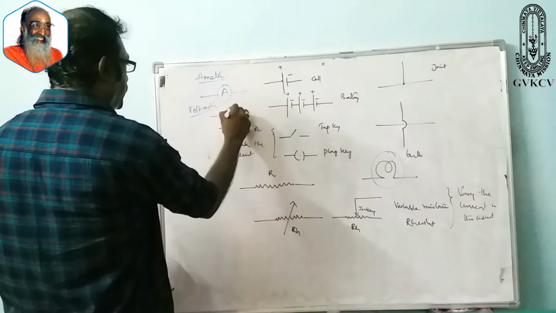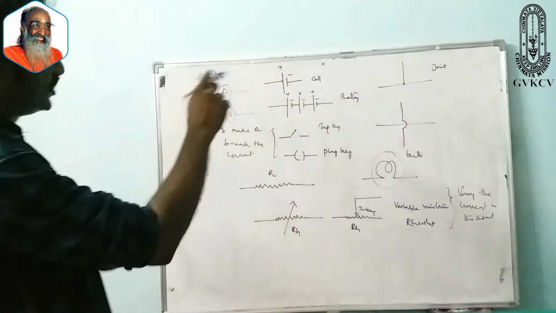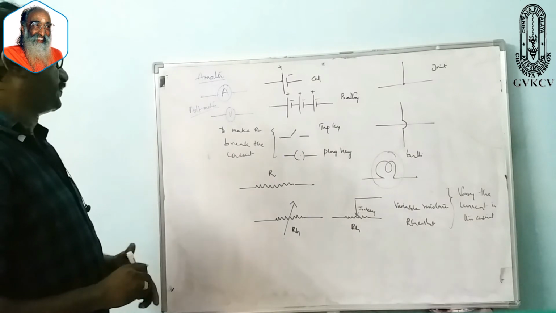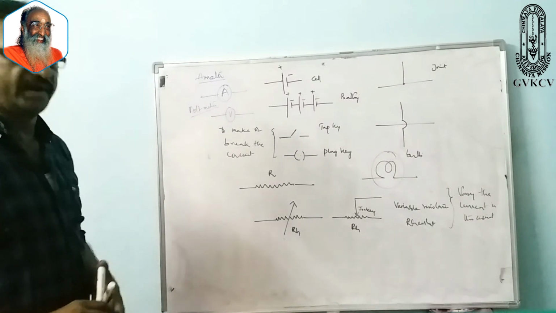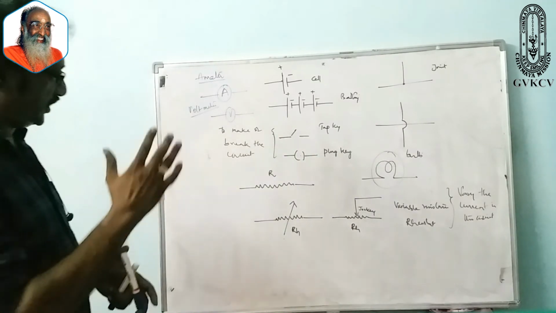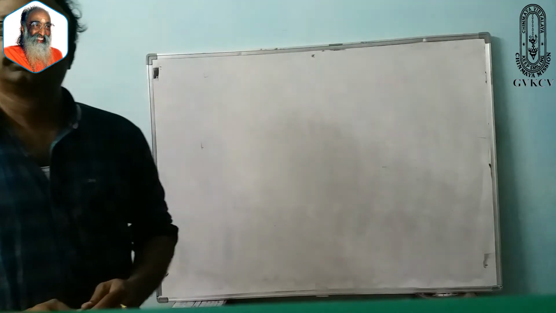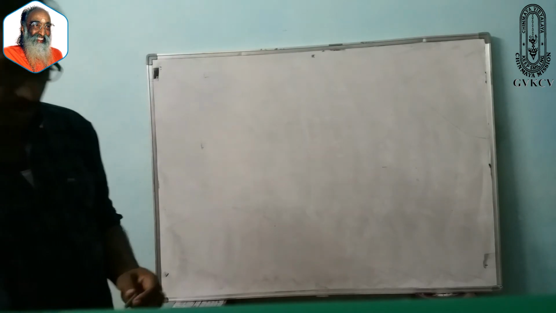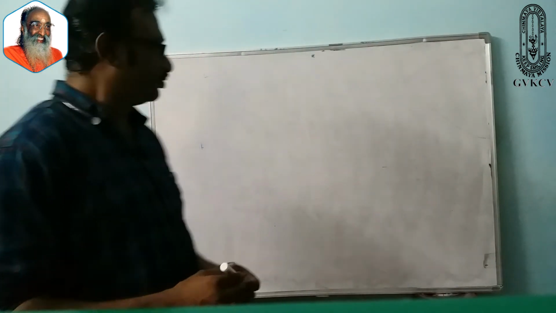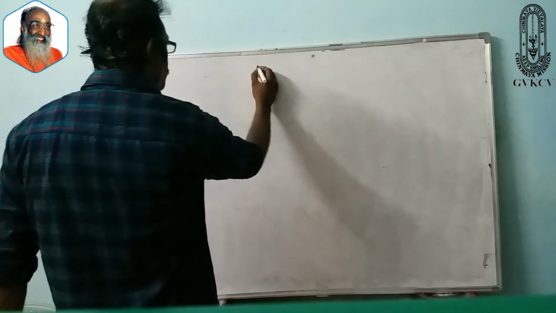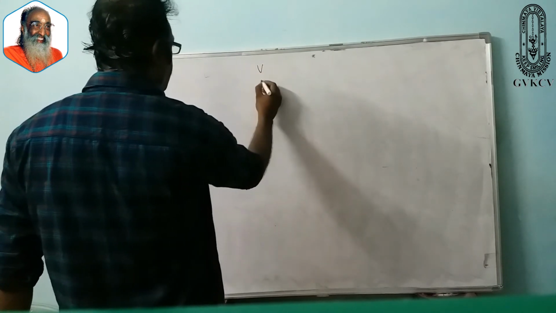It is denoted by V. So these are the symbols we have to learn and keep in mind for making the circuit diagram. Take a screenshot of this and make a note of it. Okay, so now we understood about the potential difference and the electric current.